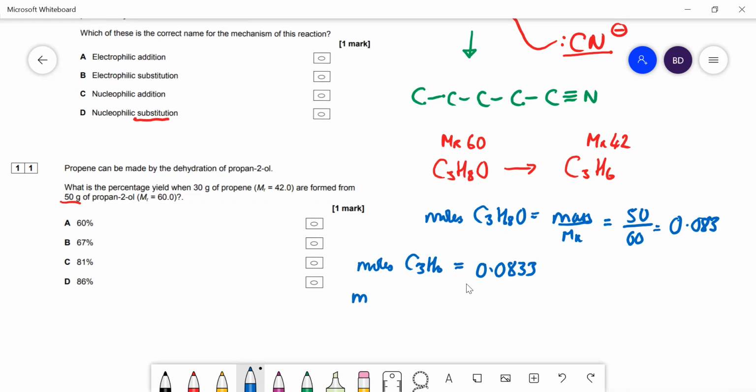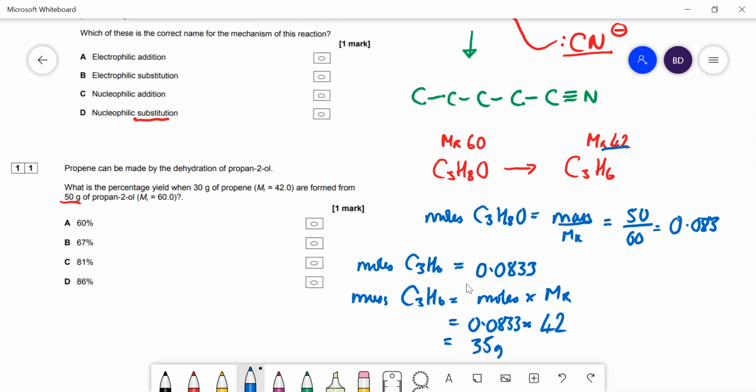Okay. So the mass of C3H6 should be equal to moles multiplied by the Mr, which is 0.0833 multiplied by the Mr, which is 42. Okay, times by 42. That's 35 grams.